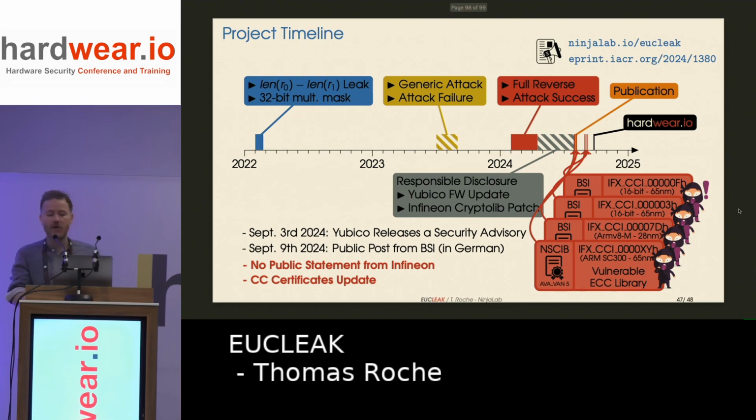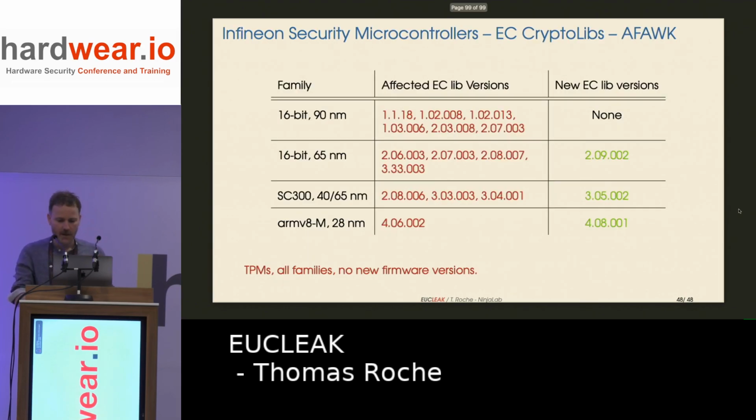And they did this for all the most important, I guess, security microcontrollers. So there are 4 out right now. I guess it will continue to cover all the security microcontrollers. But since we don't have an Infineon statement saying this cryptolib version is affected and this is not, this is what we understood.